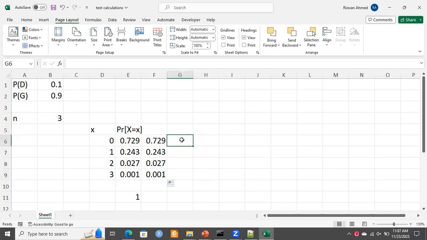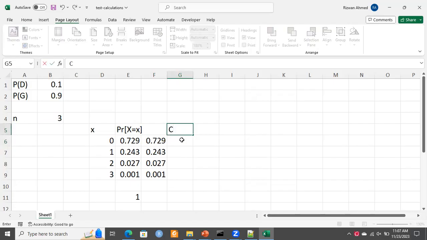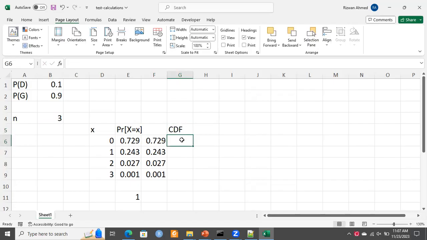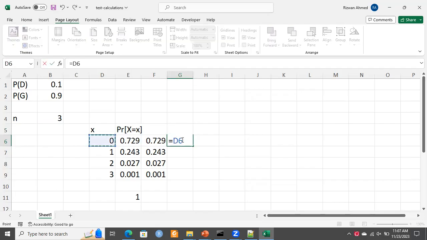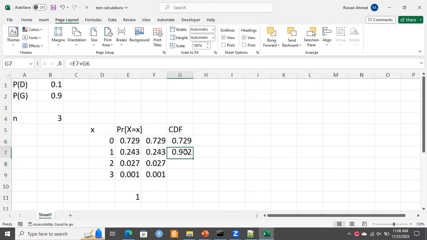If you go for the cumulative calculation, the cumulative distribution function, the first value is as it is, right? And at the next level, you add the current value to the previous value. So it will rise up to a higher value and it will ultimately saturate at 1.